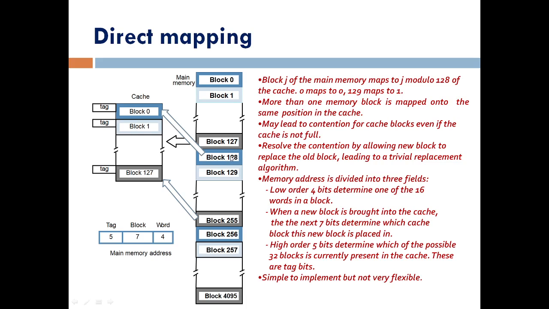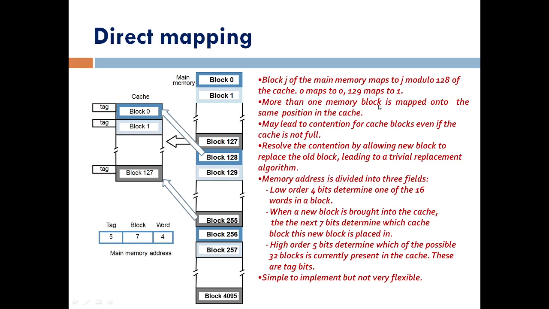Block 128, which is in general the 129th block, since we are starting from block 0, will again go to block 0, and 129 will go to block 1. So like this it is directly mapped into the cache memory.